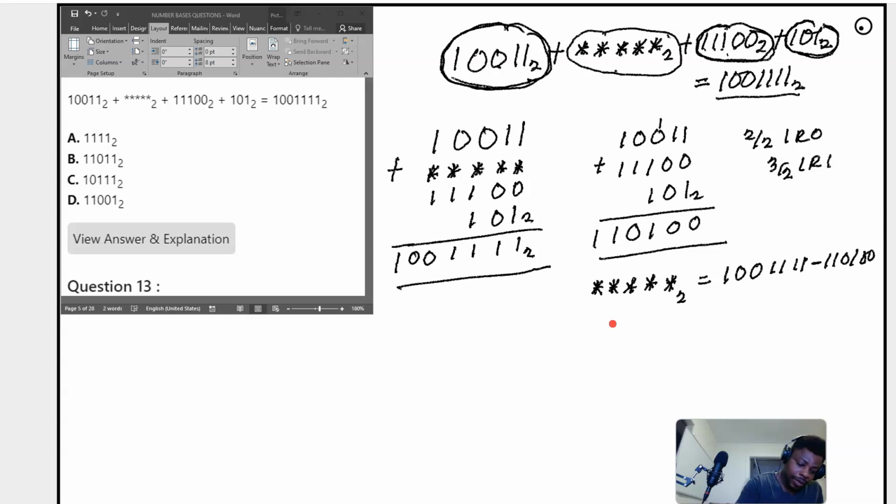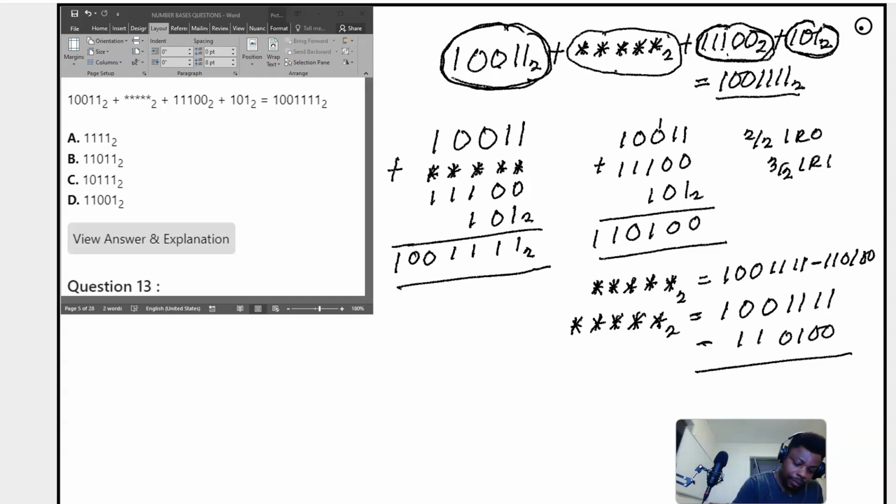Okay, so our asterisk, or our missing value, will now be 1001111 minus 110100.